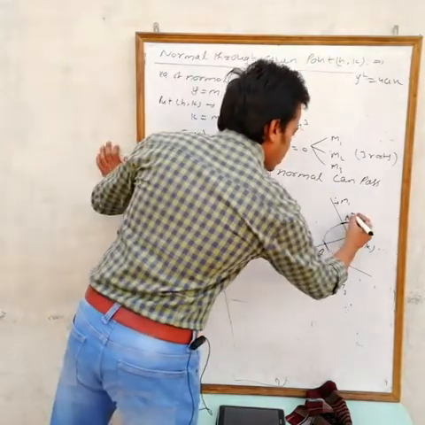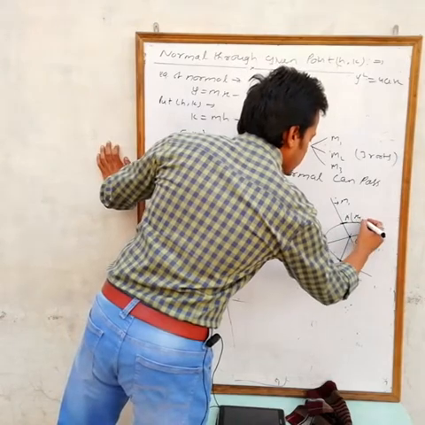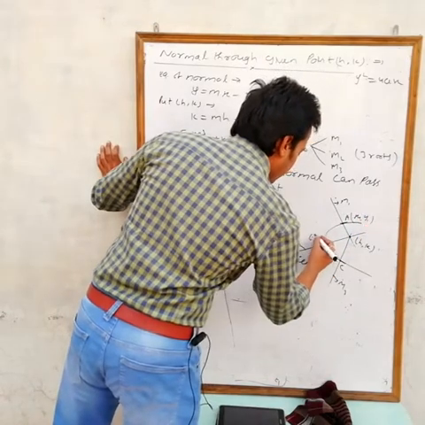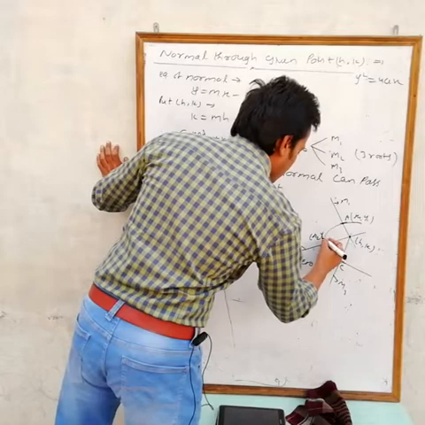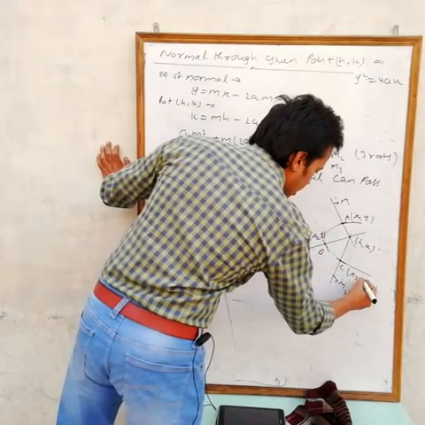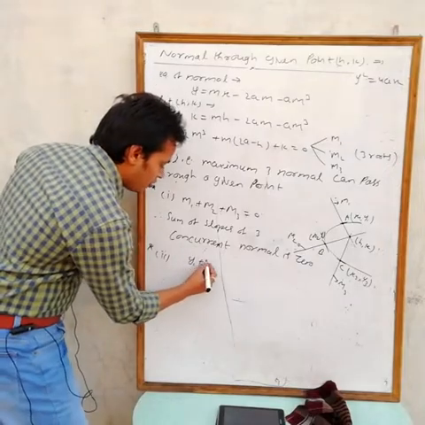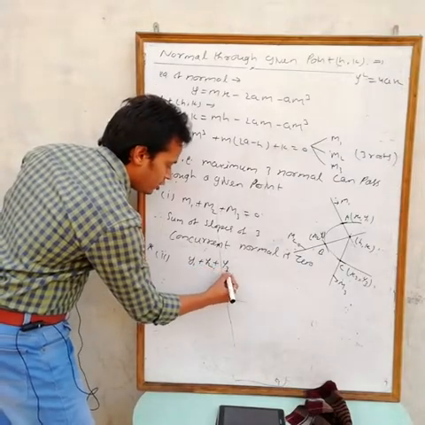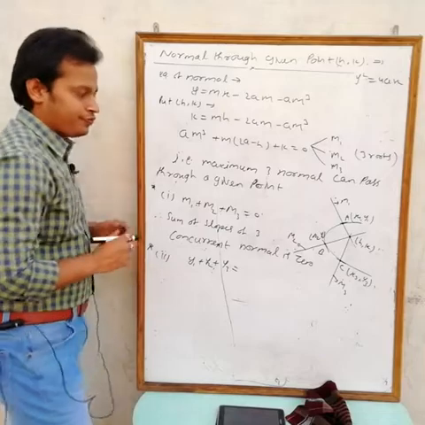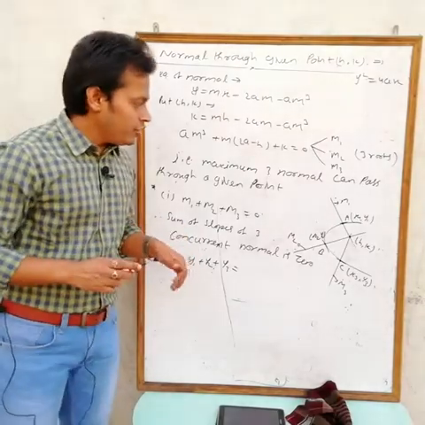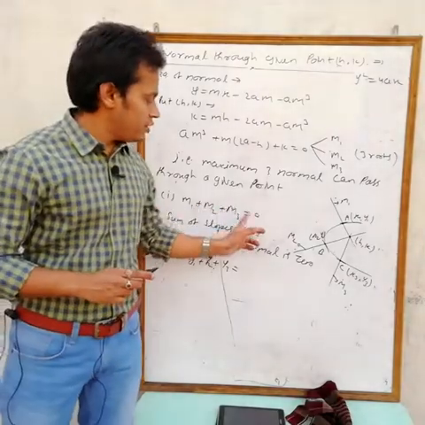Suppose A is x1 comma y1, B is x2 comma y2, and C is x3 comma y3. Then can you find y1 plus y2 plus y3? Can you find y1? Here we have a relation in terms of slope.